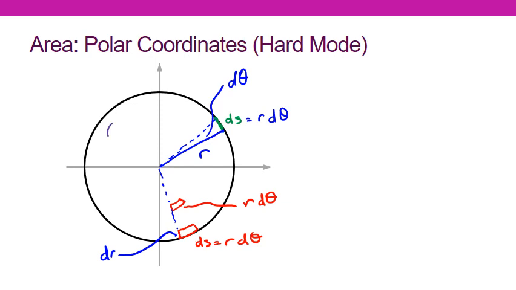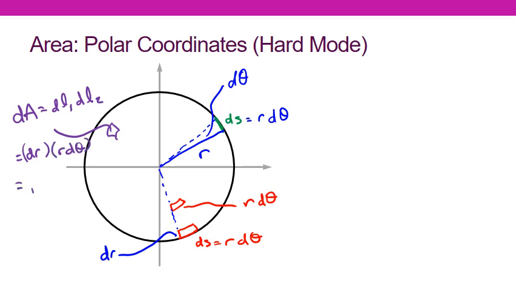So when I work out my little differential area, for any given piece my differential area is just the length of one side times the length of the other side, or in other words, this is just going to be dr times r d theta.